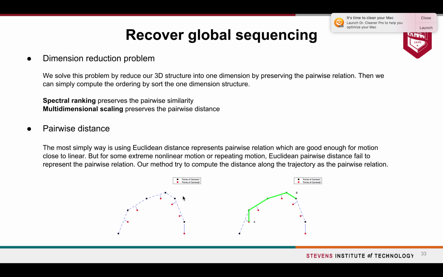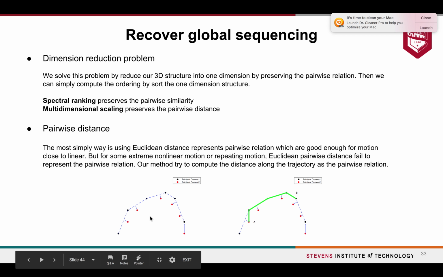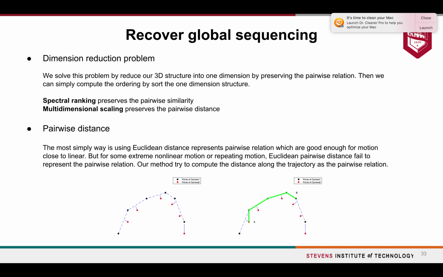Here is our way to compute this. First, this trajectory distance we call the arc distance. Between frames in the same camera it is easy, since we already know the sequencing information. But for frames in different cameras, it is kind of difficult. First, we use a version of dynamic time warping to find the related positions of these two frames.